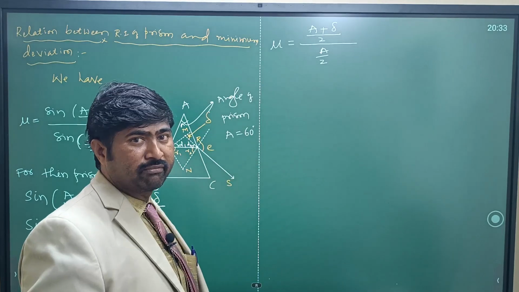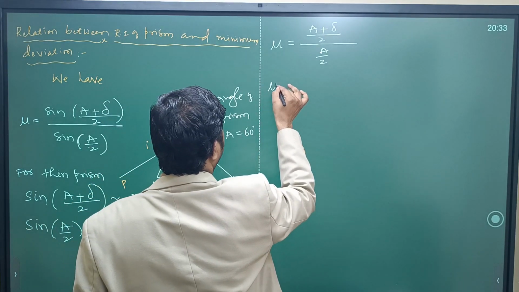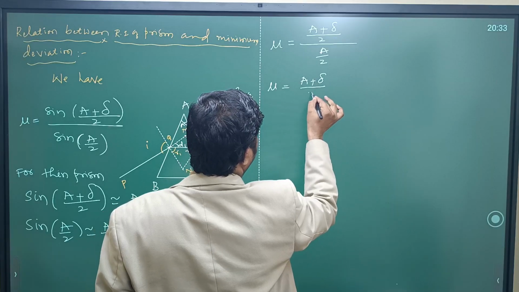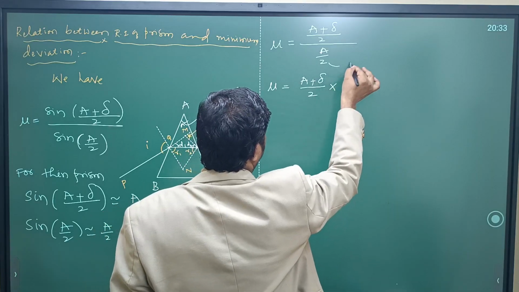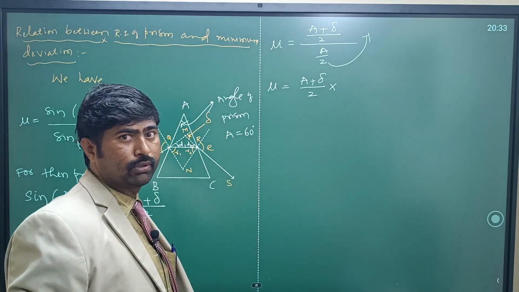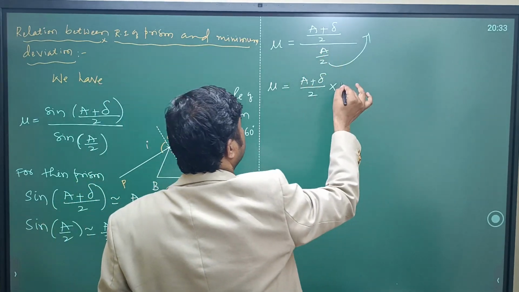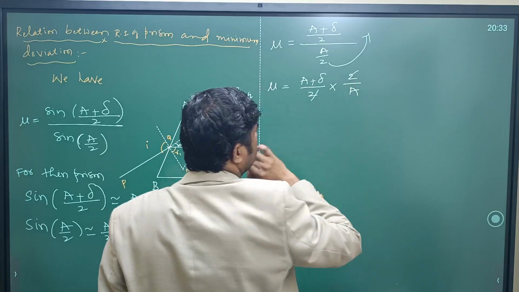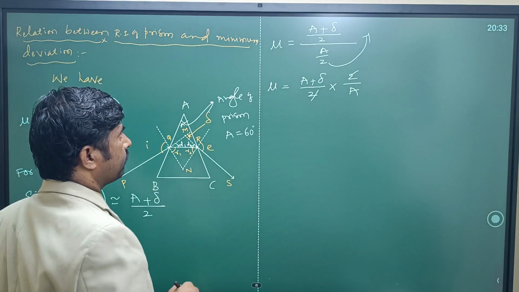Further, if you simplify, mu is equal to (A plus delta) divided by 2, and I take the reciprocal because we are changing the division into multiplication, 2 divided by A. So the 2 gets cancelled.